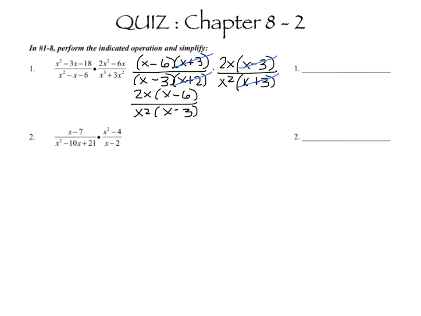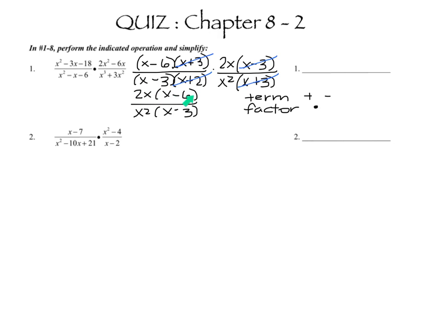And so now I have to talk to you about the difference between a term and a factor. A term is separated by addition and subtraction. Factors are kept together by multiplication. So right here, I have multiplying, multiplying, multiplying. So this is 2 times x minus 6. These are factors.